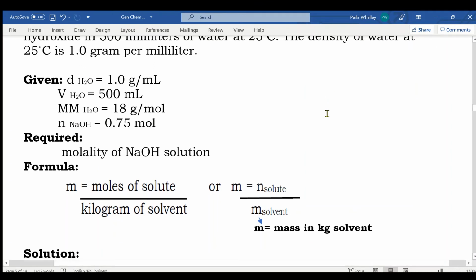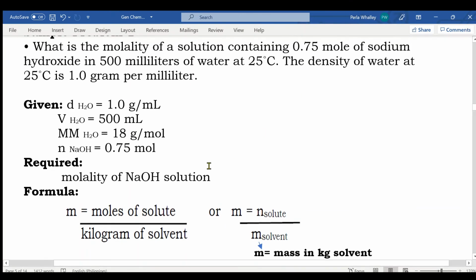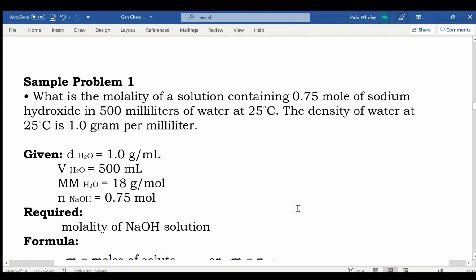So density of water is equal to 1.0 gram per milliliter. And the volume of water is 500 milliliters. Molar mass of water is equal to 18 gram per mole.